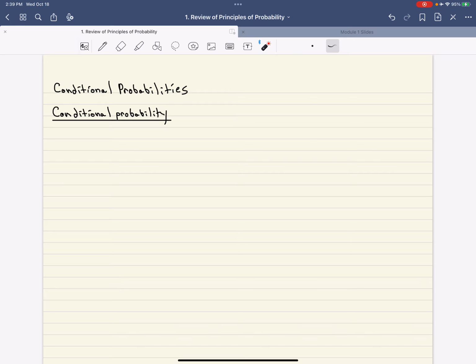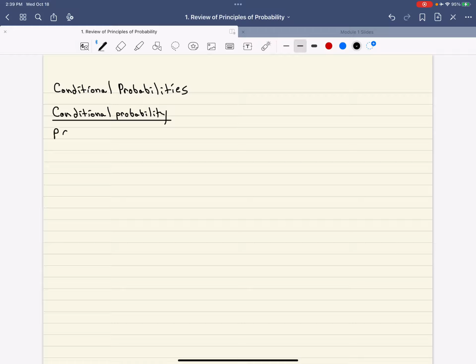Now, in order to formalize our discussion, I want to define a couple more terms. When we talk about the conditional probability, what we're talking about is: what is the probability of some outcome given that another outcome has occurred?